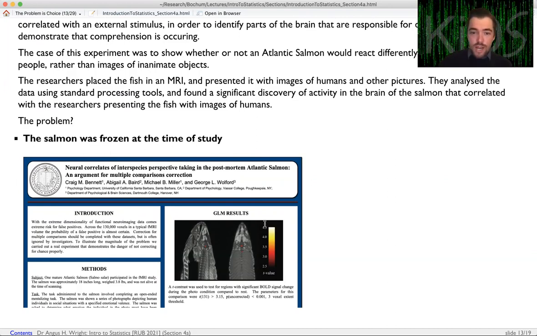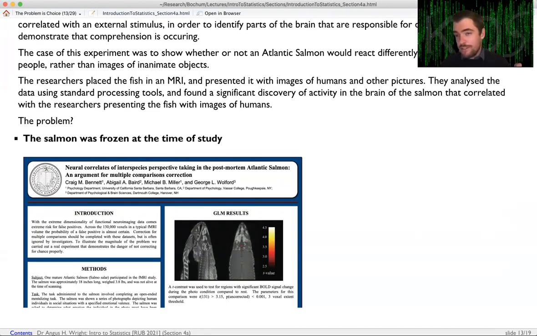This is a greater than 4.5, or greater than 3 sigma, observation that is exactly in the middle of a salmon's frozen brain when they were showing particular pictures of humans and inanimate objects.